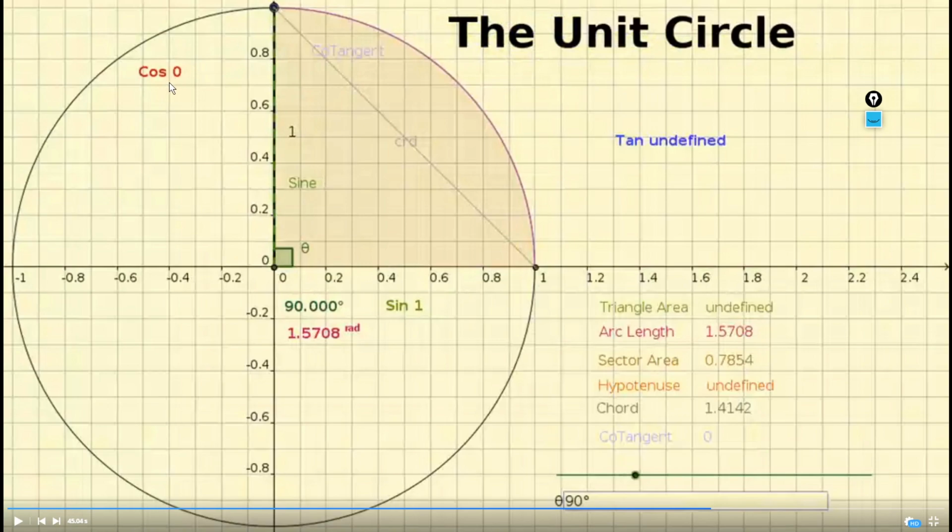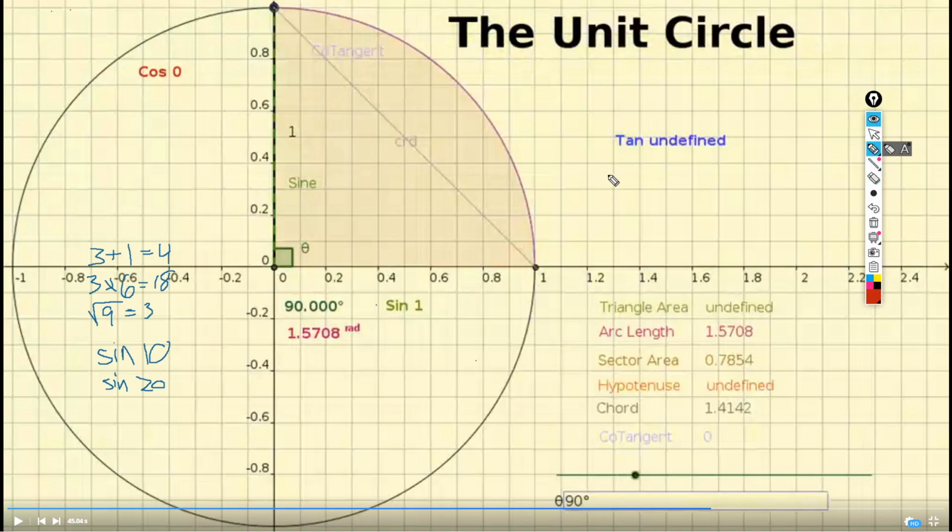Cosine is 0 because there's no x component. There's no horizontal component. It's a straight vertical line. Notice how tangent is undefined right here. Why is that? Well, because tangent is equal to sine divided by cosine.